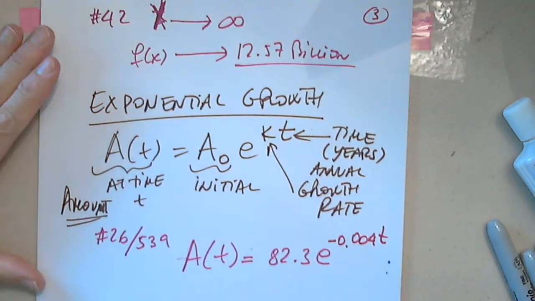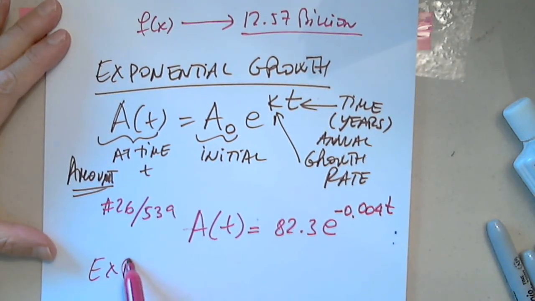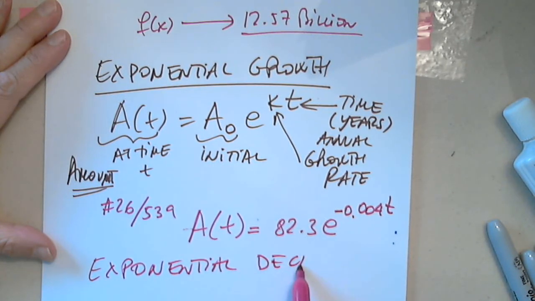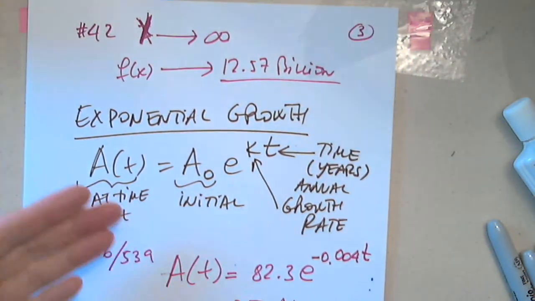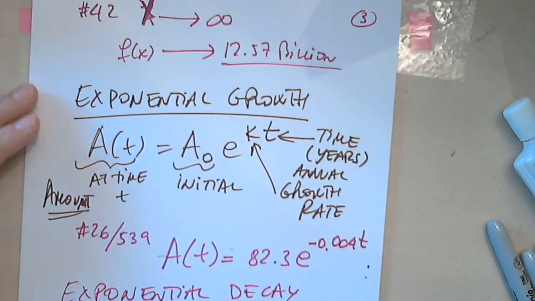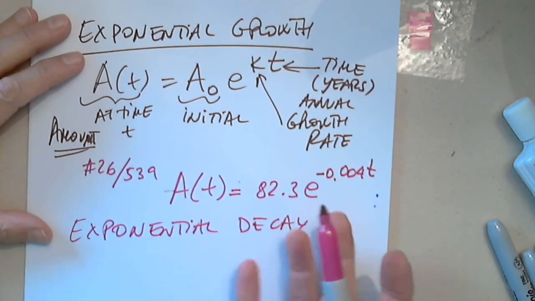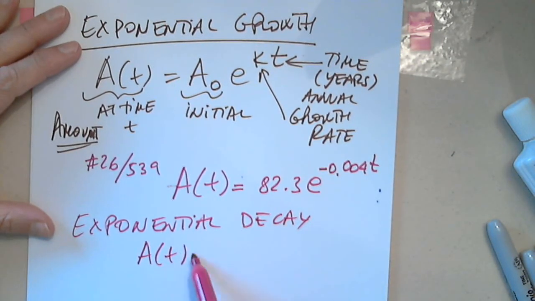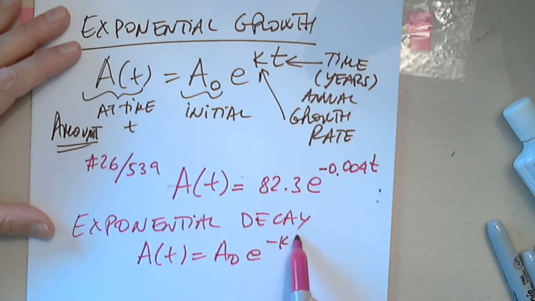So let me refresh your memory on the exponential decay. When it comes to population, we can use the same notation. It's normally for a mass, but it doesn't matter. The notation is not important. So it's A of t equals A0 e to negative kt.